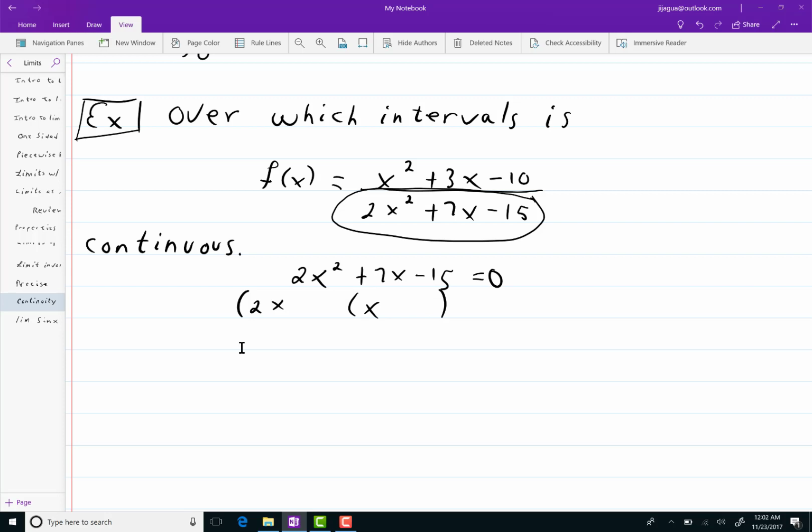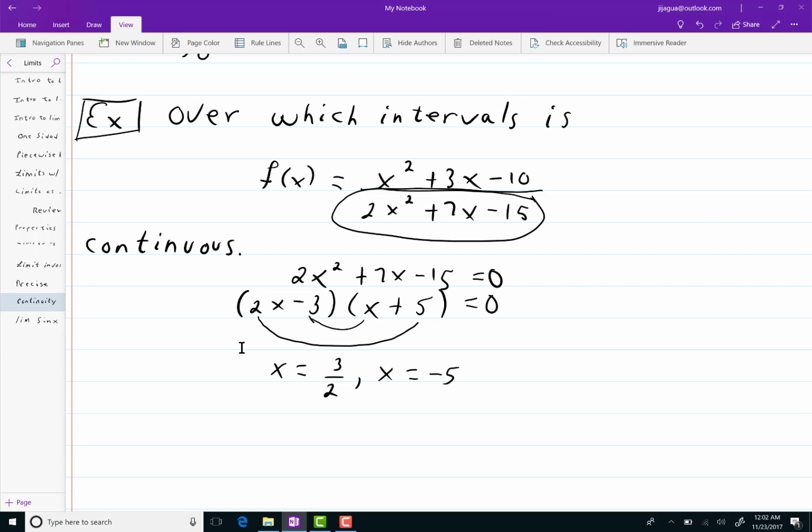I'm going to go with 3 and 5 and see what happens. Start with 3 here and a 5 here. Let's take a look. When I do 2x times 5, that's a 10x, and then 3x. Well, I can get a 7x out of that if I make this positive, because that would give me positive 10x minus 3x. So from this, we get x equals 3 halves, x equals negative 5.